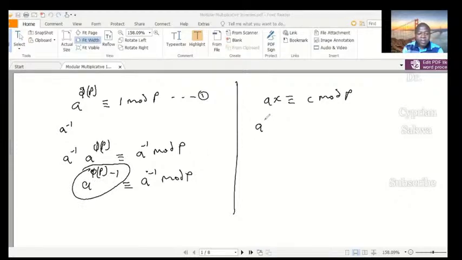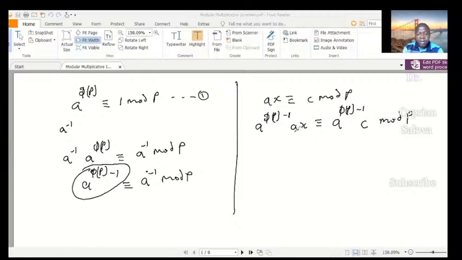So the inverse of A, A raised to phi of p minus 1, multiplied by AX will be congruent to A raised to phi of p minus 1 multiplied by C mod p.